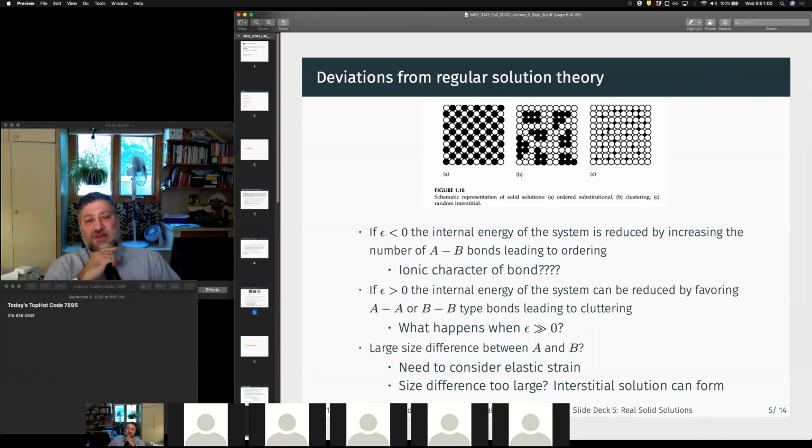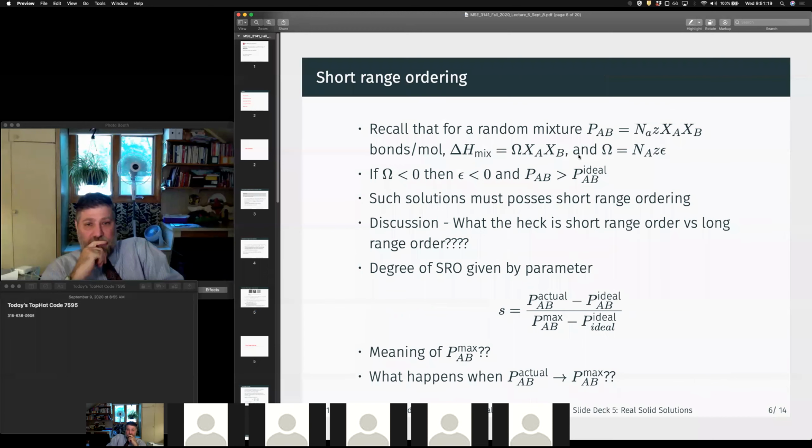If the size difference is large, then we can end up with an interstitial solid solution. Most things that we deal with are going to involve large deviations from our regular solution theory. So we can have short range ordering. And what do I mean by short range ordering?